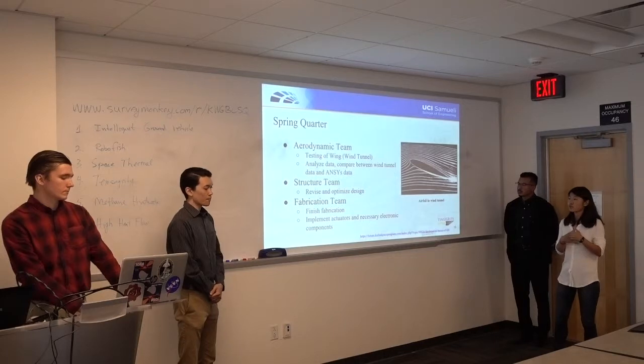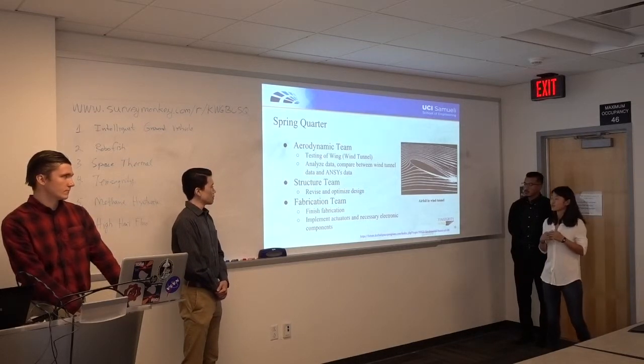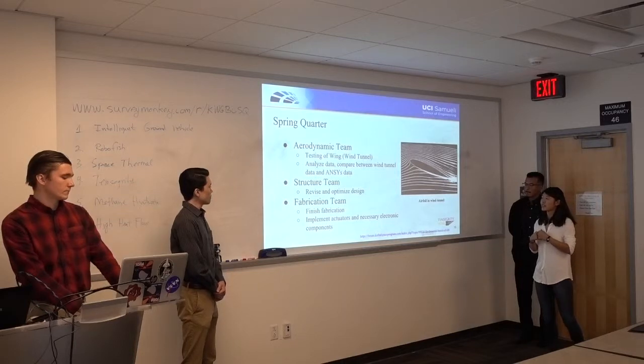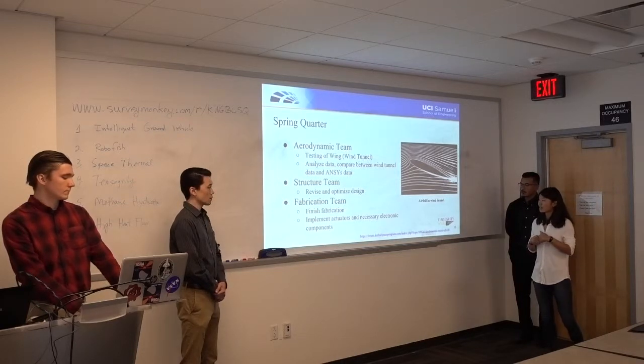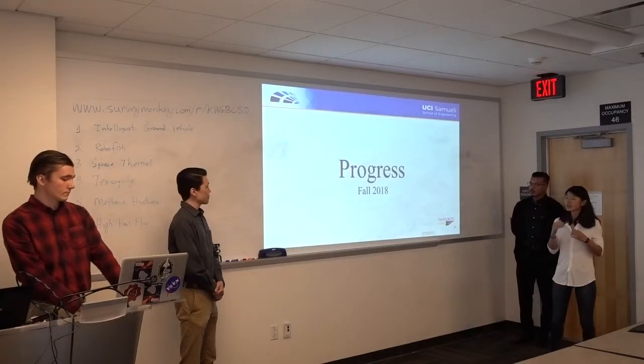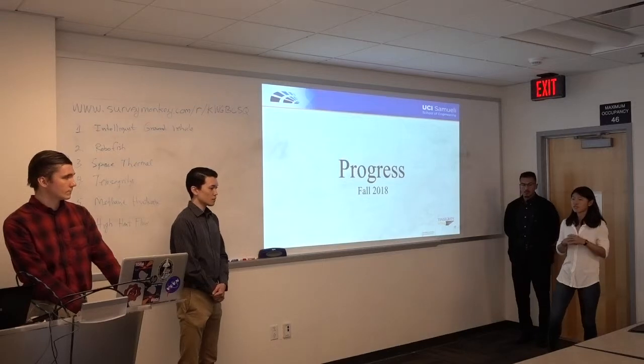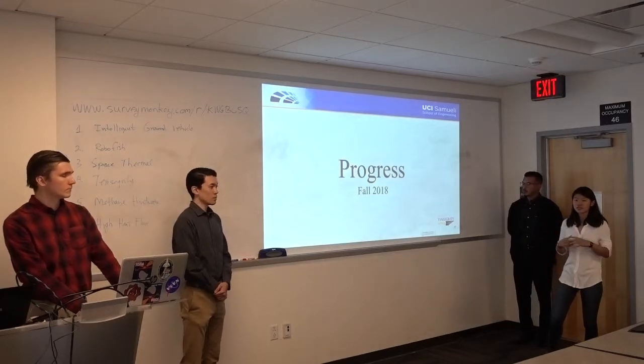And the structural team will revise and optimize the design, and the fabrication team will finish fabrication and implement actuators and necessary electronic components. So we are currently a little behind schedule, but hopefully we'll still be able to finish by the end of this school year.